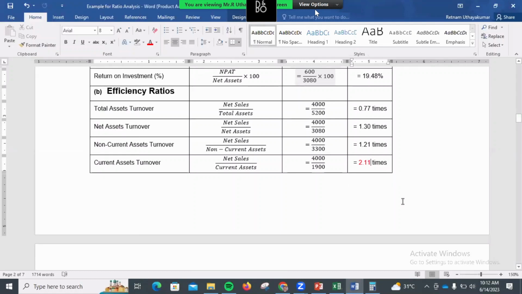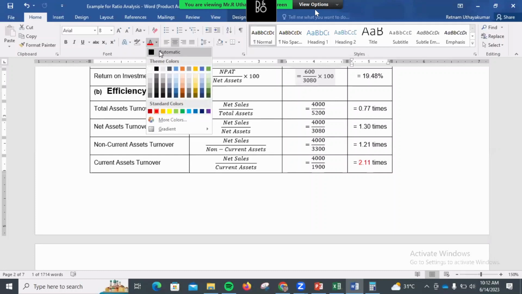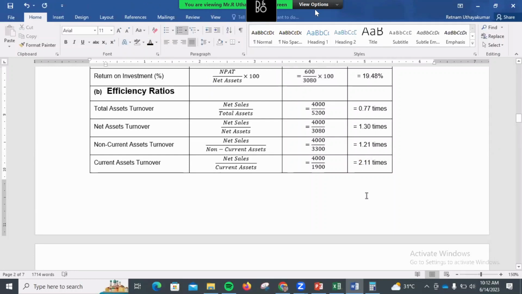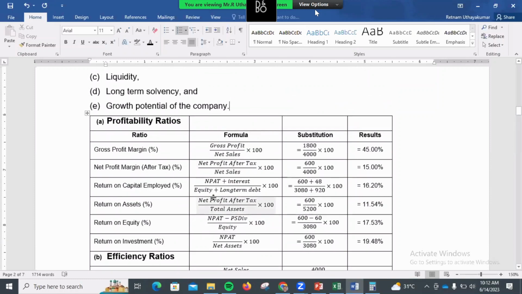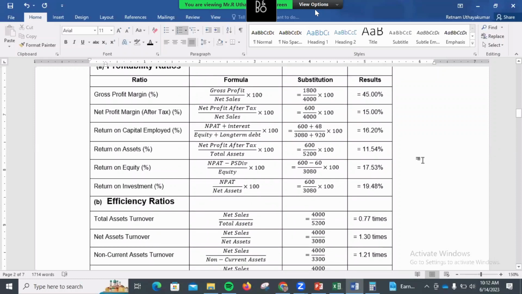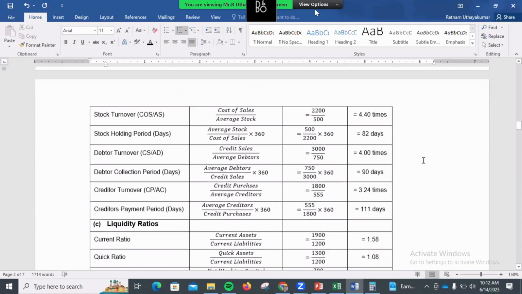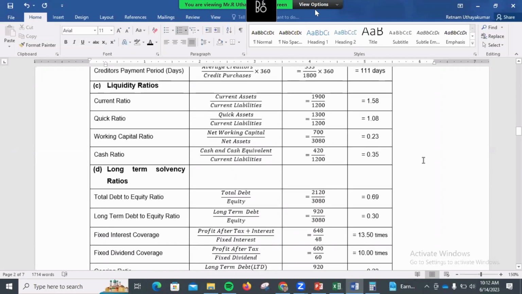So the common thing is, regardless of the third digits, you take it as 5 up. So 2.11 is the right answer. From this exercise, you can learn a lot of things. Those who are missing this would be doing it wrongly, I think. So everyone, ensure that you get the answers in the right way.